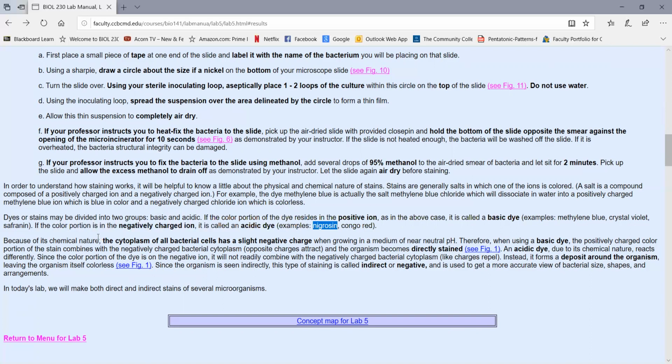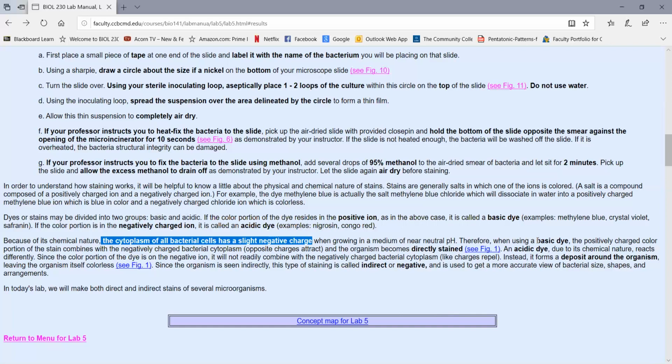Because of their chemical nature, the fact that bacteria contain DNA and a lot of proteins, the cytoplasm of all bacterial cells has a slight negative charge if we're growing them at a near neutral pH. So the bacterium has a negative charge.